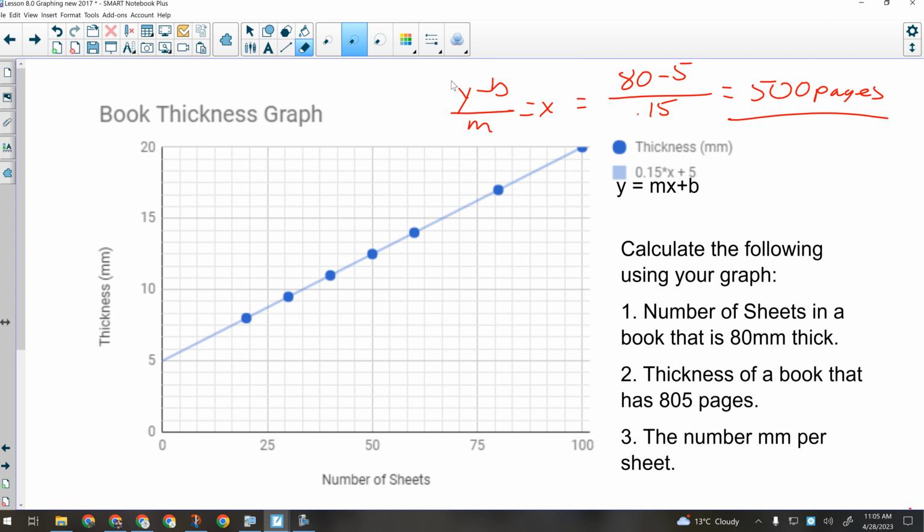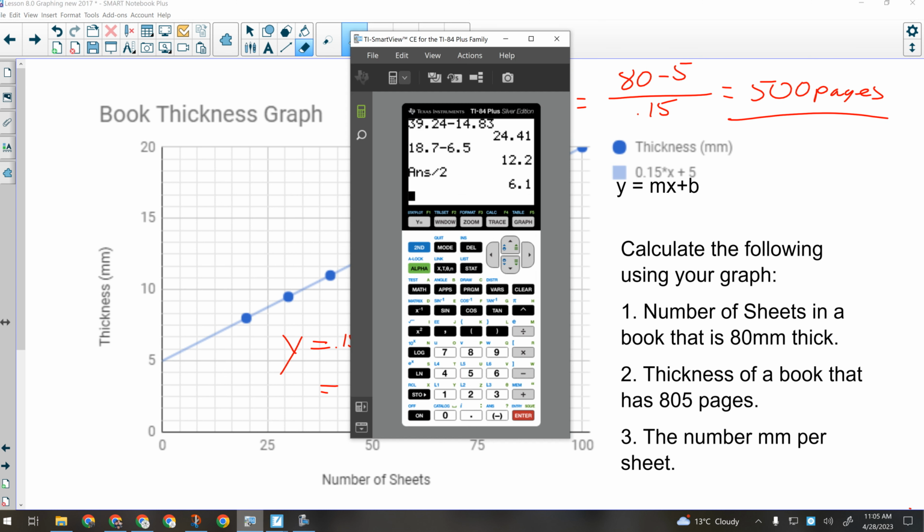Okay, and for number 2, they want to know the thickness of a book that has 805 pages. So they gave me x, the number of pages or sheets, and they want me to find y. So that's a little easier because I don't have to manipulate, I just have to plug in my numbers. So we'll have 0.15 times 805 plus our 5.